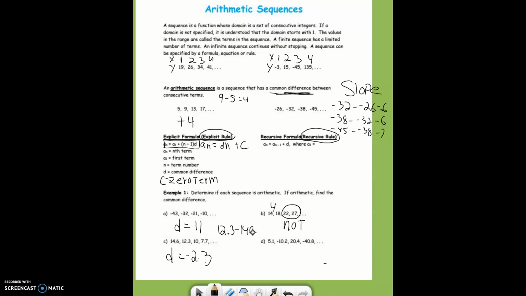I can tell right away there's absolutely no pattern on that, so we don't have an arithmetic sequence there, okay? We're actually going to go over what's called a geometric sequence later on in this unit, so then you'll see some of these other types of sequences. We're just going to talk about arithmetic ones now.